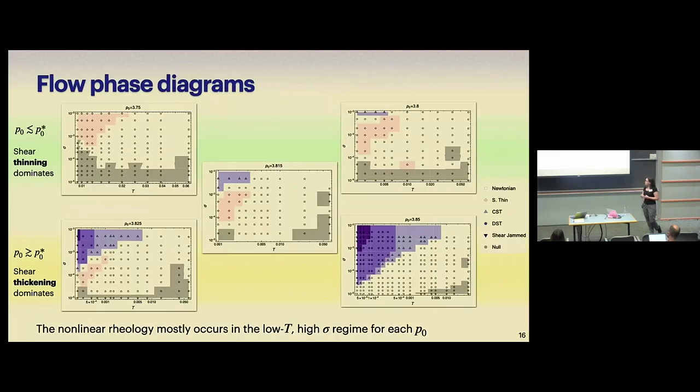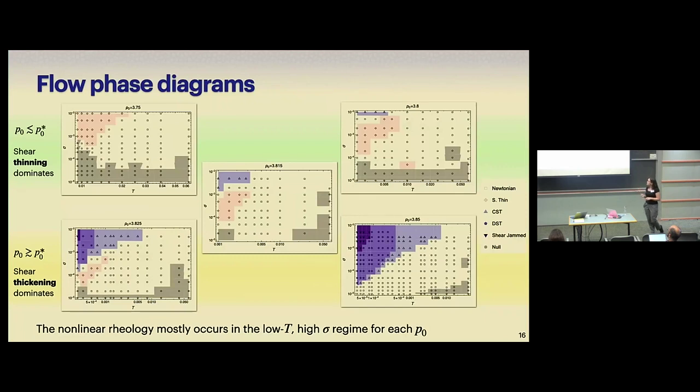So we can summarize this data a little more into some flow phase diagrams. So now I'm showing the applied stress versus temperature for each P0. And although the temperatures here are different, they are over comparable ranges of the relaxation time, so you can directly compare these plots.